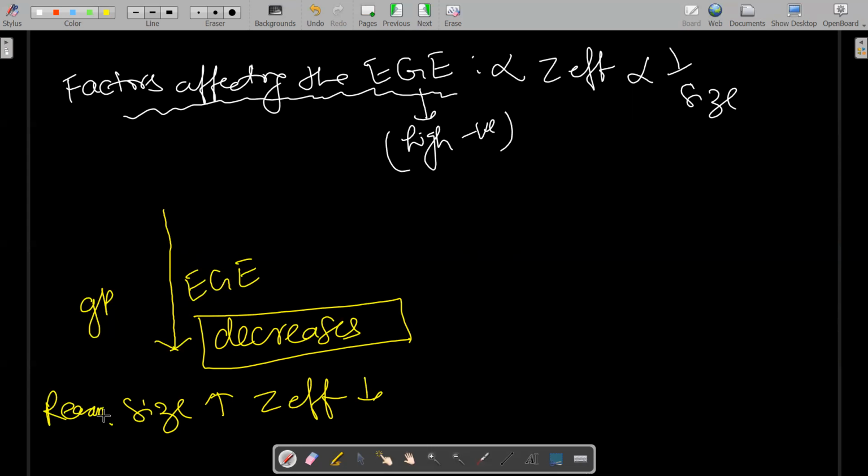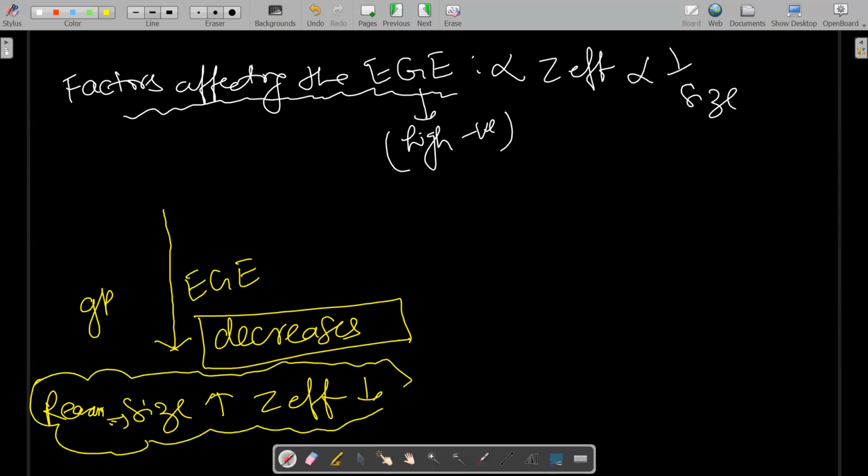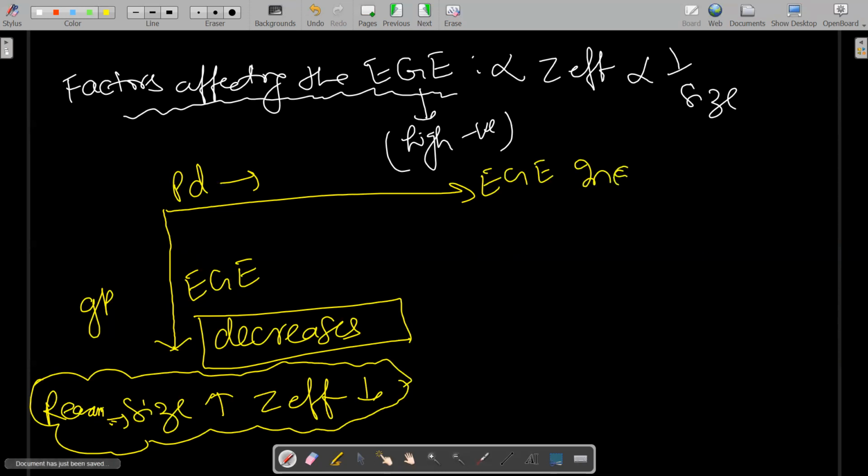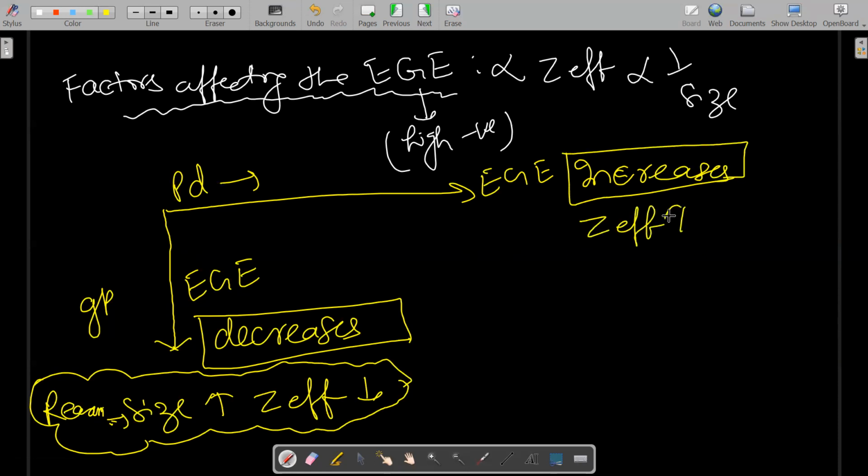So electron gain enthalpy decreases. And what about the period? Vice versa. Across the period, all of us know the electron gain enthalpy increases, because across the period, effective nuclear charge increases and size decreases. So this is the general trend.